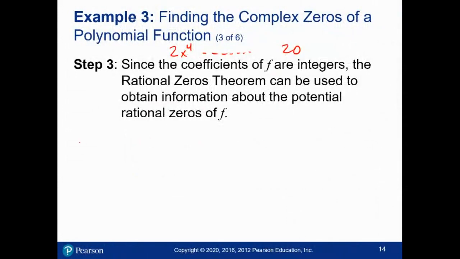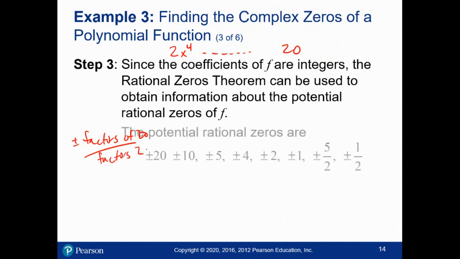That means the rational zeros are of the form plus or minus factors of 20 over factors of 2. Now, there's a lot of these. Okay, 20 over 1, 10 over 1, 5 over 1, 4 over 1, 2 over 1, 1 over 1. But also 20 over 2, but that's already 10. 10 over 2, but that's already 5. 5 over 2. 4 over 2, but that's already 2. 2 over 2, but that's already 1.